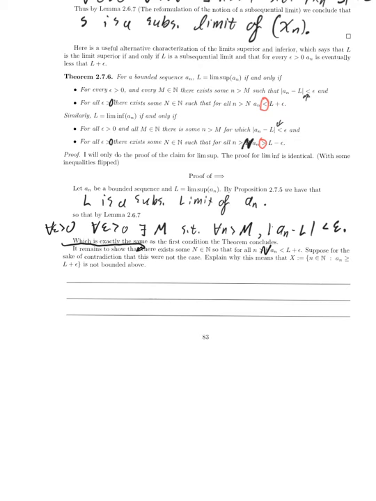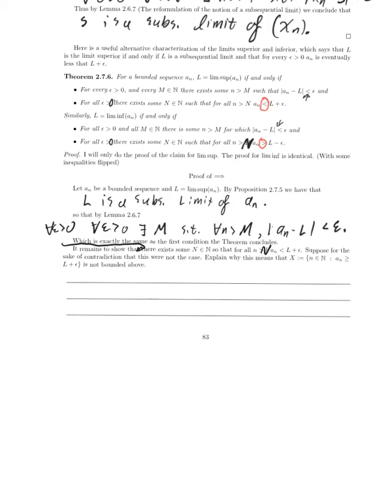I apologize for all those typos. So let's suppose, for the sake of contradiction, that that were not the case. And I'm going to build a set capturing all of the indices where this inequality fails. So I will let X be the set of all n in the natural numbers such that a sub n is greater than or equal to L plus epsilon.